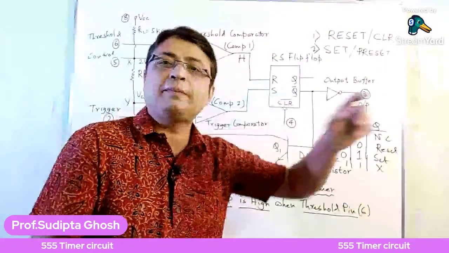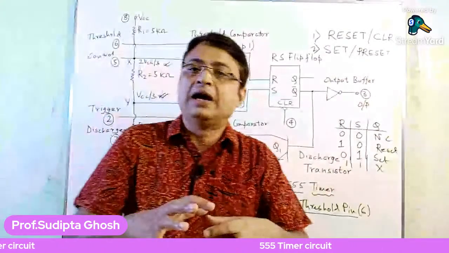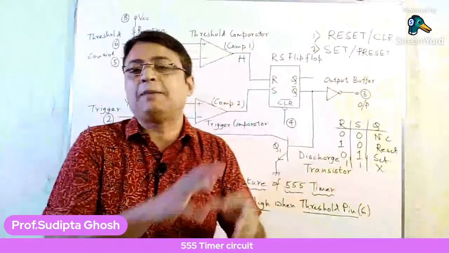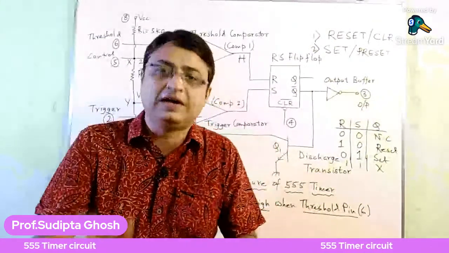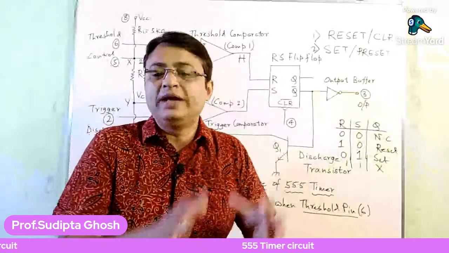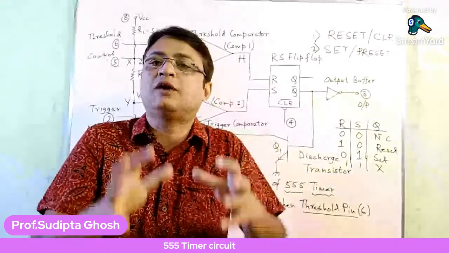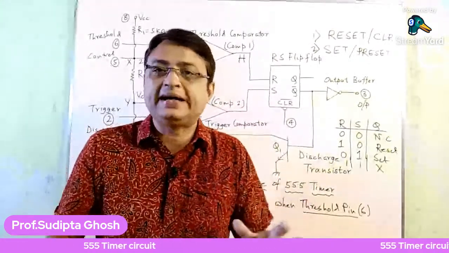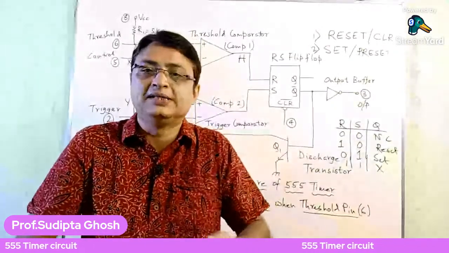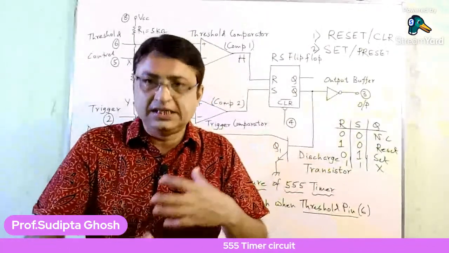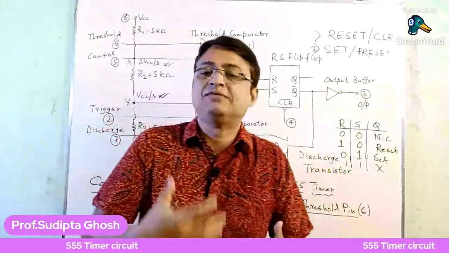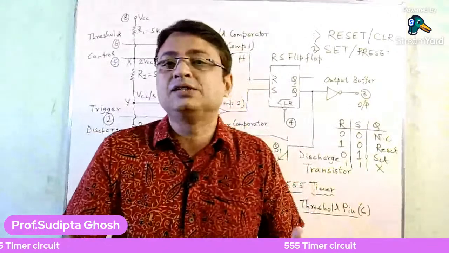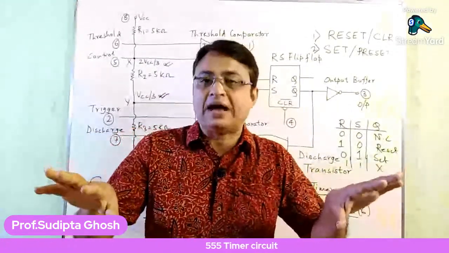Set or preset: whenever we give a particular value to the flip-flop, we have to give a high voltage. We can't give a 0, because 0 means clearing the IC. When we give 0 to the IC, we have actually cleared the value.